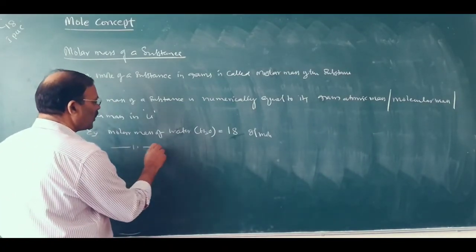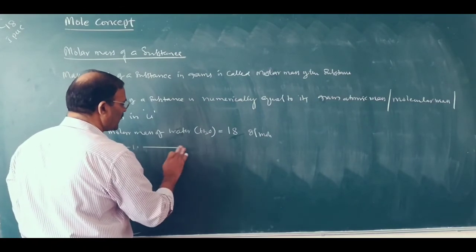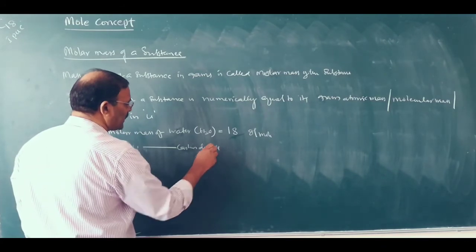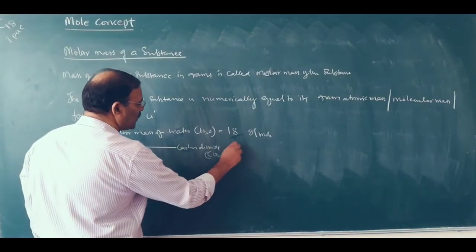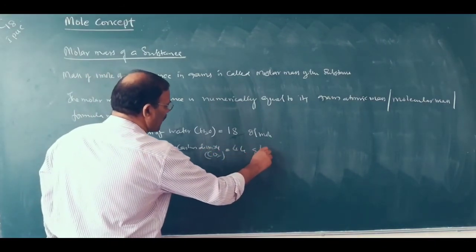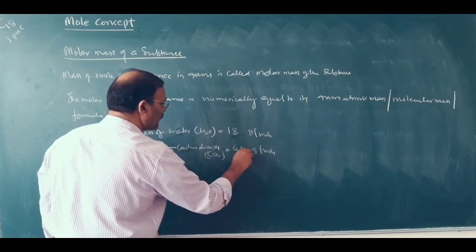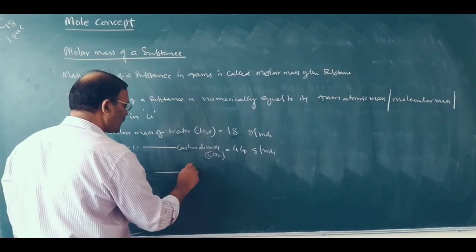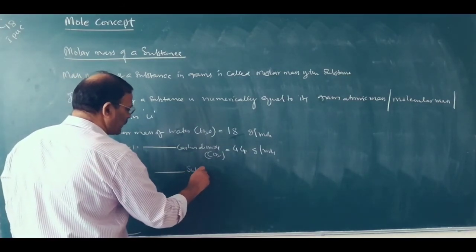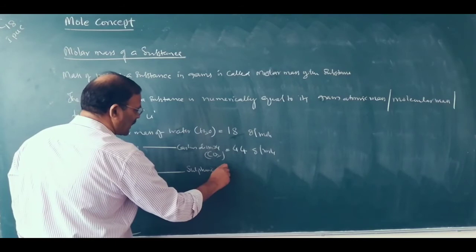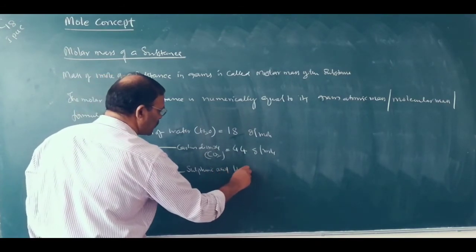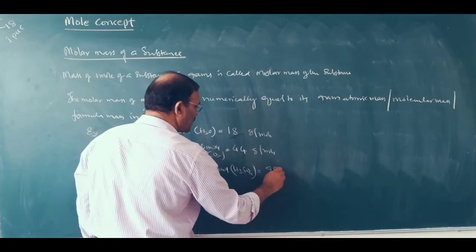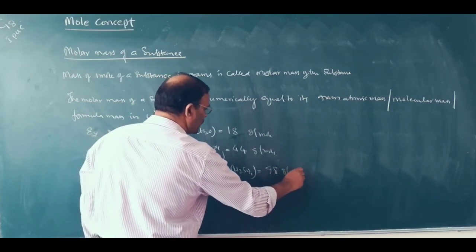Similarly, molar mass of carbon dioxide, CO2, equals 44 grams per mole. Similarly, molar mass of sulfuric acid, H2SO4, is equal to 98 grams per mole.